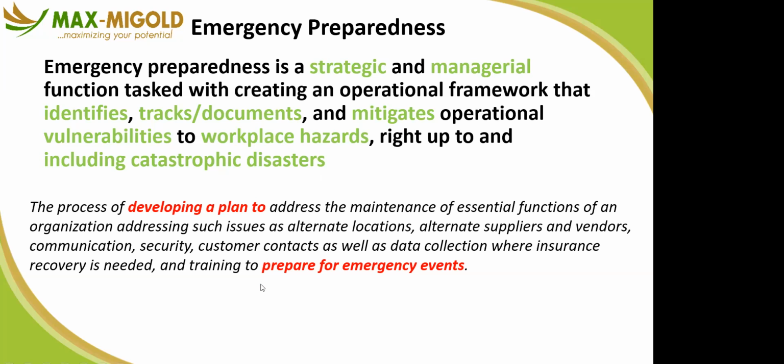The emergency preparedness plan or program is going to help identify this, monitor it, track it, then put measures in place to ensure that whatever has been identified can also be mitigated, be kept in the cage, be placed under control.